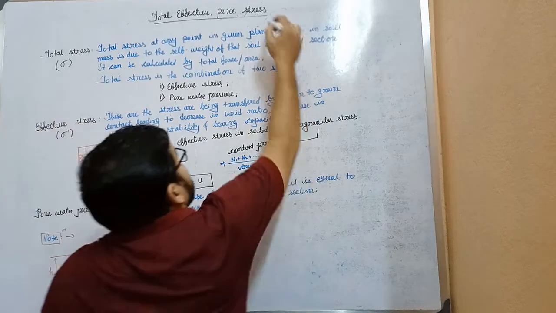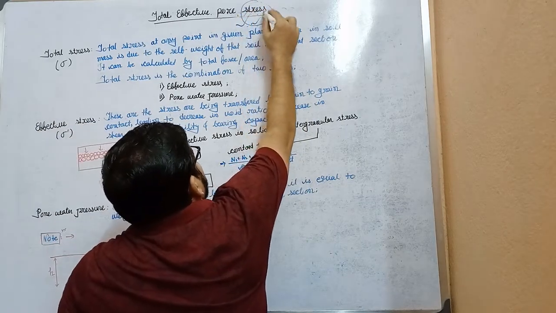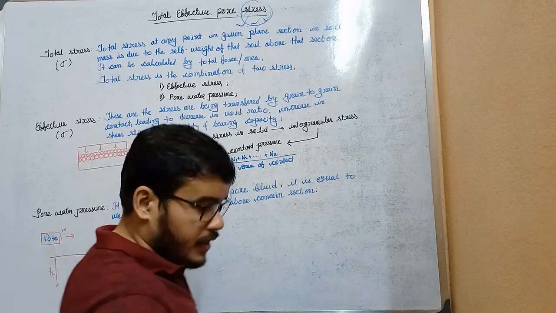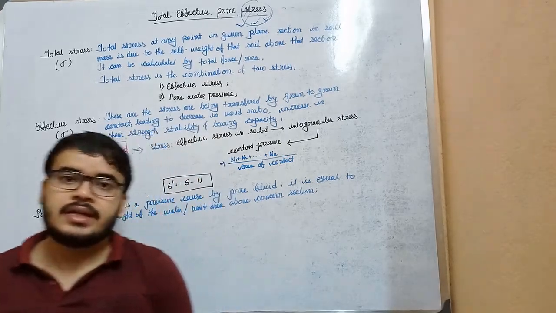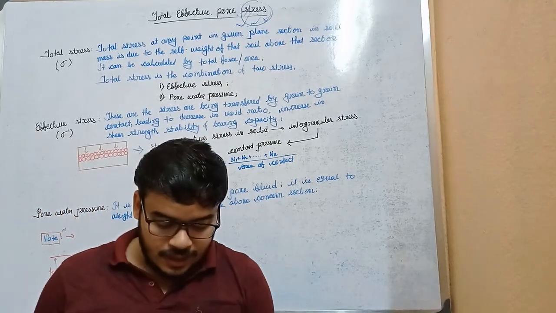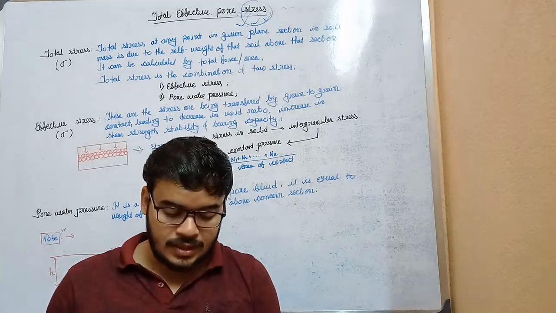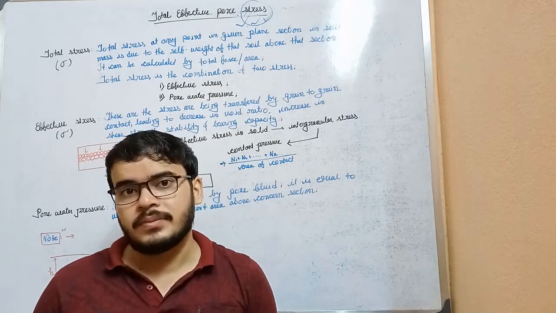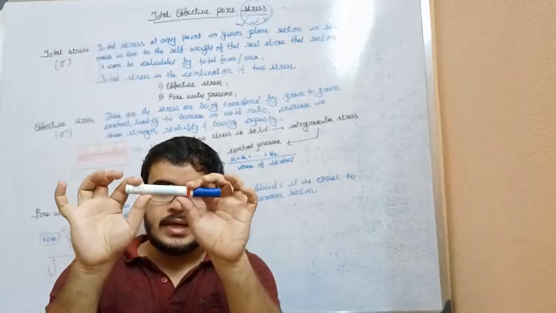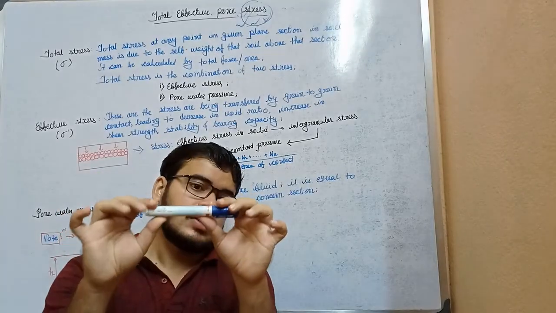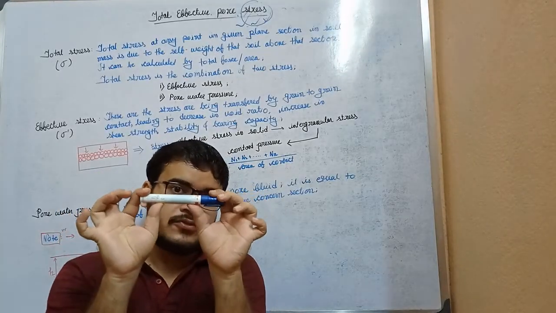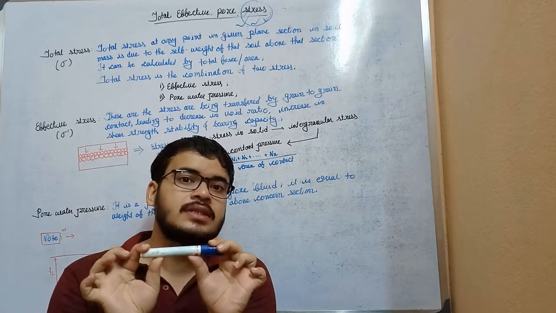What is stress? Stress is a very important term in our engineering works. Stress is actually the inner resistance of a material. When you apply some load on this material, look at this pen, you can't deform or deflect this pen so easily.